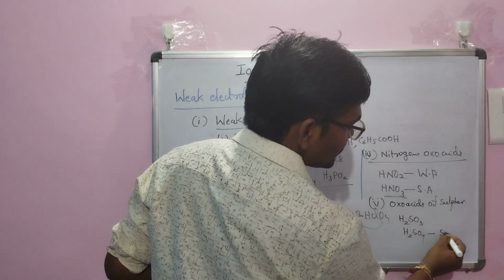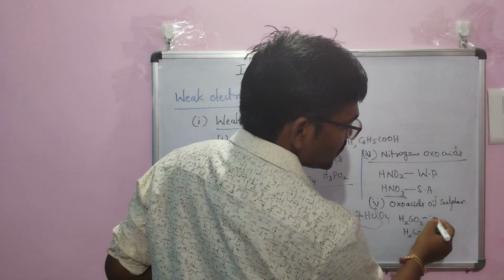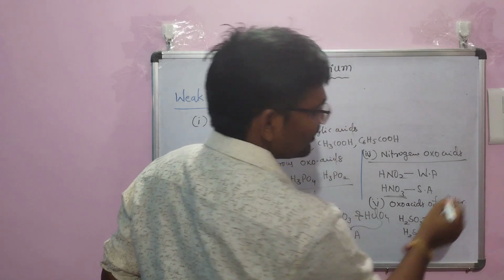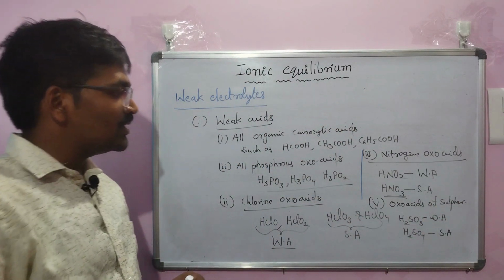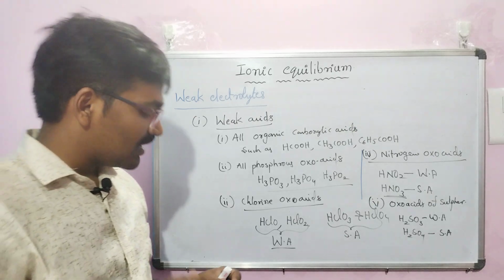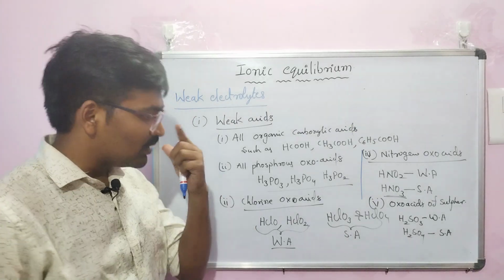H2SO4 is a strong acid, we know that. H2SO3 is a weak acid. Understand, my dear students? These will come under the weak electrolytes.